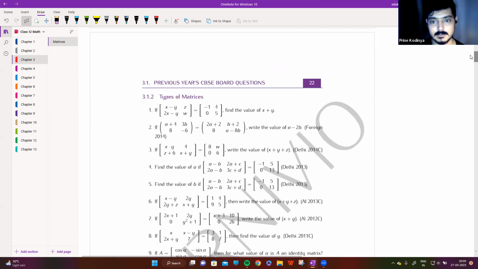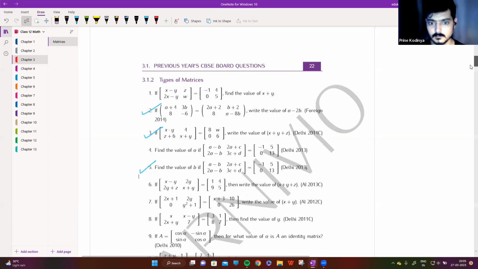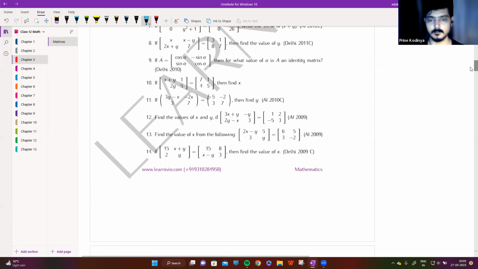Then after this, find out this second, this third, fifth, not 13th, rather than 13th, consider 14th.